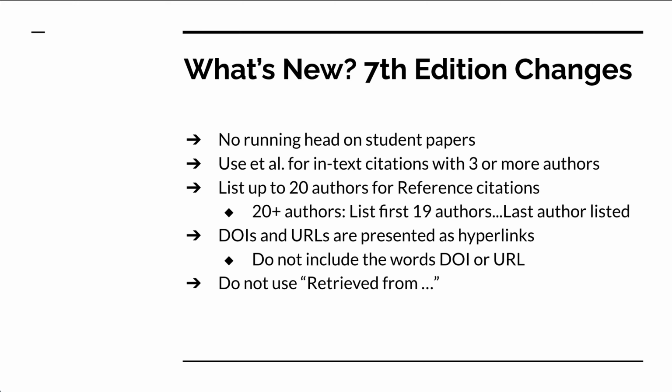Additionally, you won't need to include the words retrieved from anymore. You just list the hyperlink. And finally, they no longer include the place or city of publication for the publisher. You just list the publisher when you're citing a book.